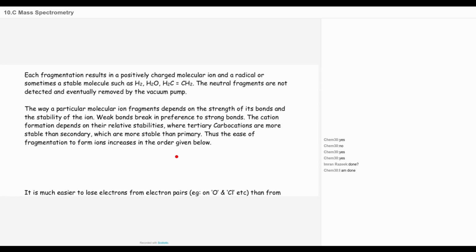Now, when it comes to the carbocation, if there are 2 possibilities of forming 2 different carbocations of the same molecule, which means you have the option of forming a secondary carbocation and a primary carbocation, I hope you remember the stabilities of carbocations. In unit 1, we discussed that tertiary carbocations are the most stable, then comes secondary, then comes primary.